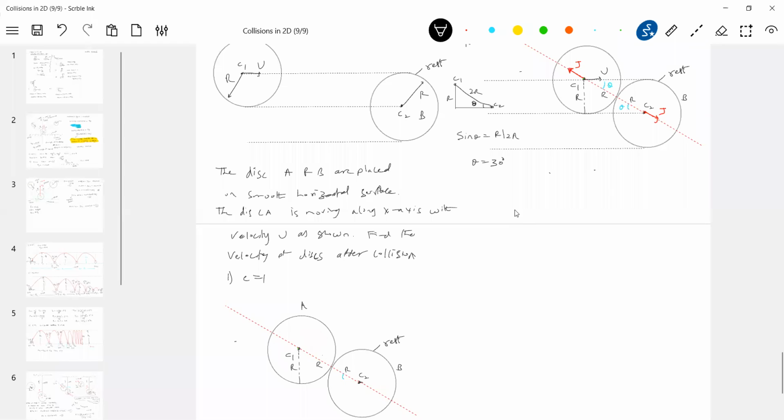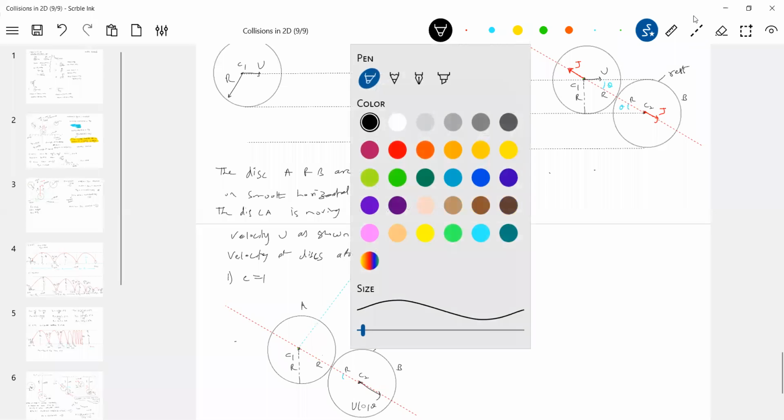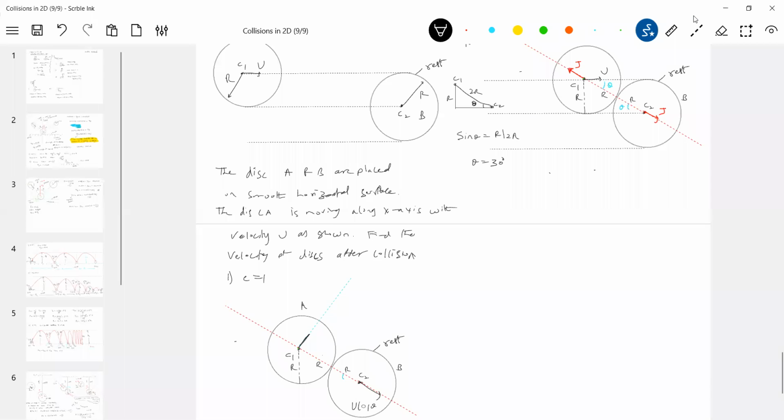After collision, this will move with a velocity u cos theta, and this will move with a velocity u sin theta.